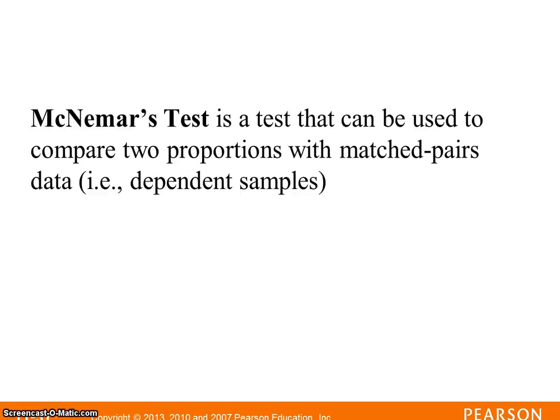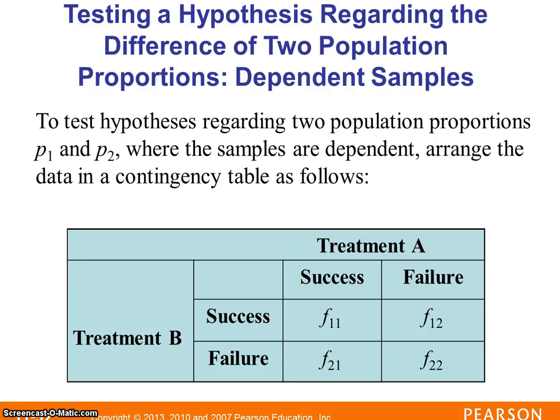So this will use what's known as McNemar's test, and this can be used to compare two proportions with matched pair data. In other words, if you have dependent samples. So as far as testing a hypothesis regarding the difference of two population proportions when you have dependent samples, what you want to basically do is arrange the data in a table.